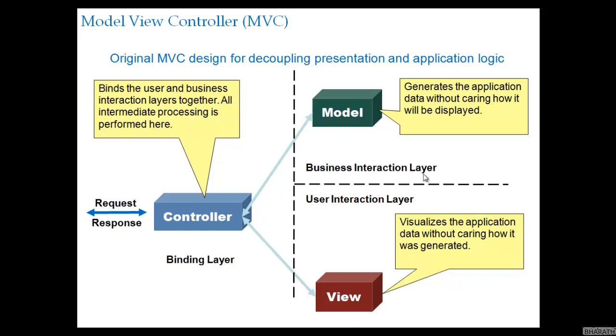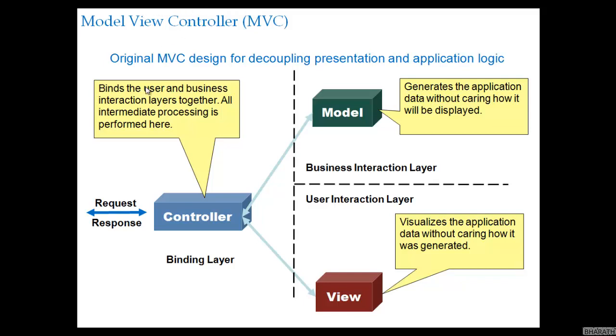See, the purpose of the controller is to bind the user and business integration layers together. All intermediate processing is performed here. Who is the user? The user performs operations at the view level. The view is visible to the user, so the user will do some actions at the view level, and the business interaction layer is at the model level.